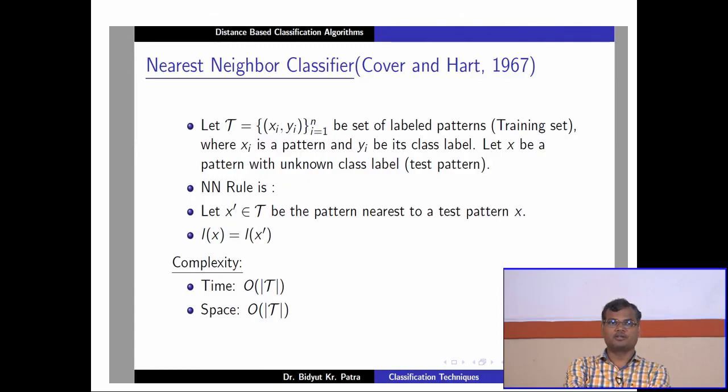You can always convert from distance to similarity and similarity to distance. So, the first algorithm, introduced by Cover and Hart in 1967, quite old as you see, is the nearest neighbor classifier. The idea is very simple.